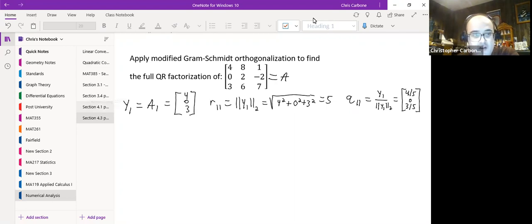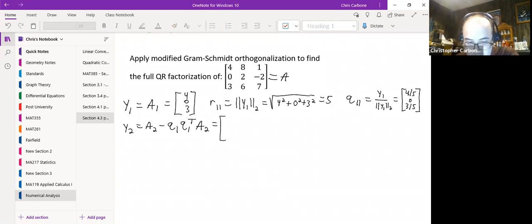Then for y sub 2, this one is now a bit different. We do a sub 2 minus q sub 1 times q sub 1 transpose times a sub 2. So a nice, big, long equation.